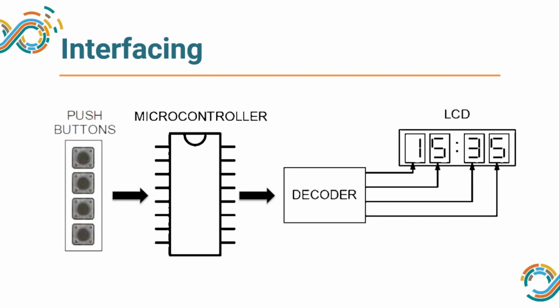Here we have an example where we are connecting 4 push buttons, and if I press a combination of push buttons, I am expecting some output on an LCD display or a set of 7 segment displays or anything else. So we are interfacing input pins with push buttons. We are interfacing our decoder and LCD on the output pins. How do we do these interfacings? We will learn them in detail in our future videos.